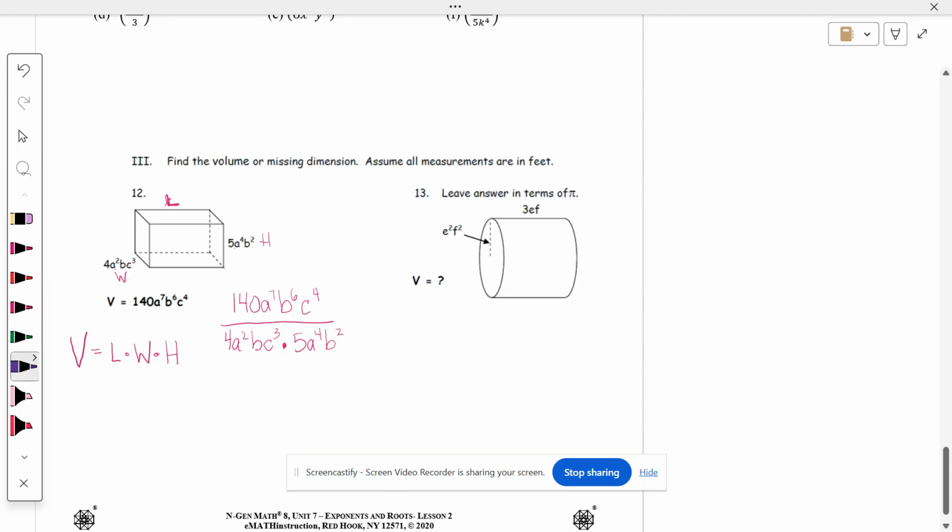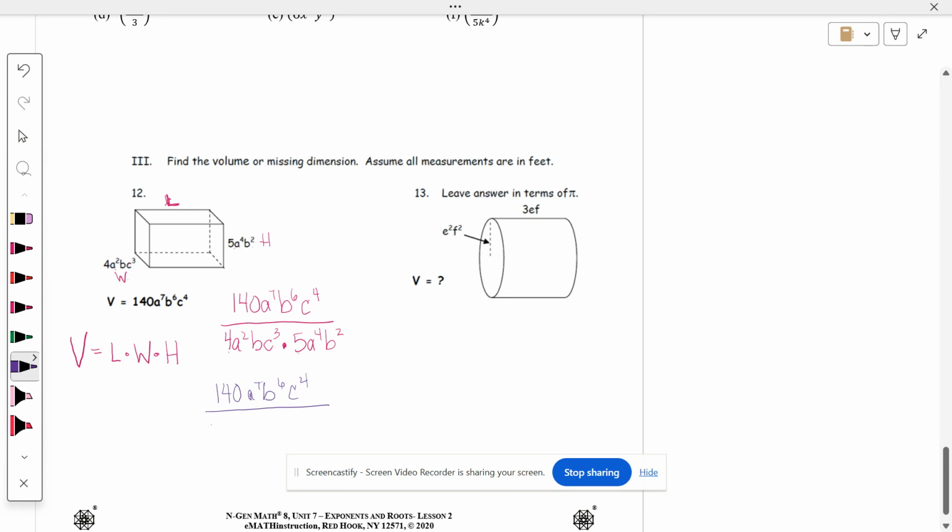So let's simplify that denominator just a little bit. So 140a to the 7th b to the 6th c to the 4th over my denominator.